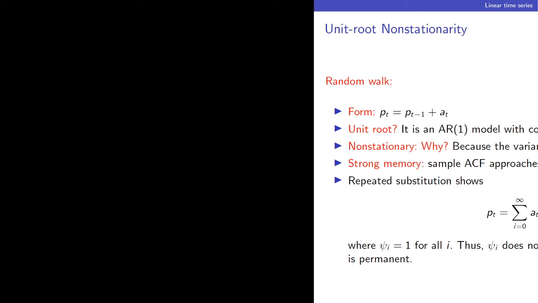Why are we interested in that? Because it shows that these coefficients don't tend to 0. This implies that any shock affects the walk permanently. There is no way that we go far ahead in time in such a way that the shocks end up not mattering. In this case, every single shock matters.